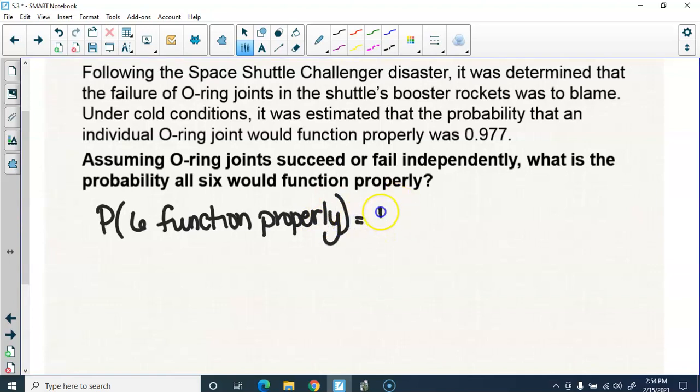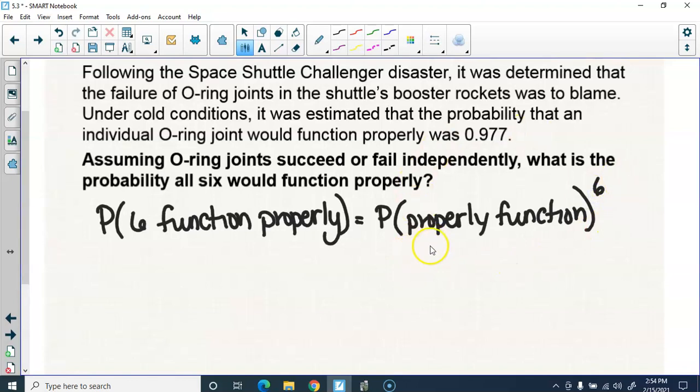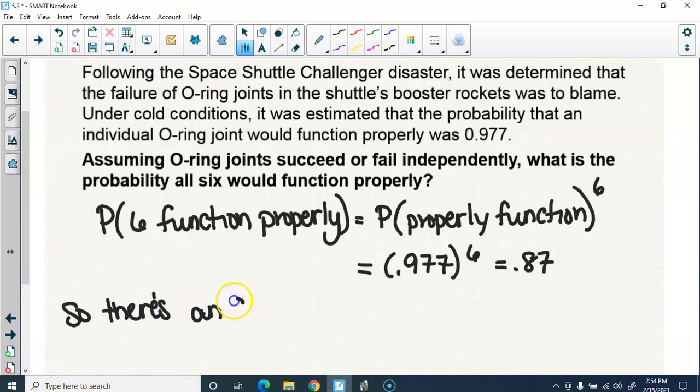Since they are independent, we can just do the probability of proper function times itself 6 times, which would be the probability to the 6th power. So in our case here, that would be 0.977 to the 6th power, which is 0.87. So there's an 87% chance that the shuttle would launch safely, which doesn't seem very good.